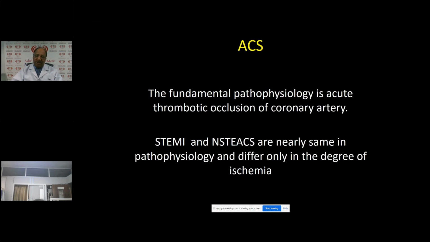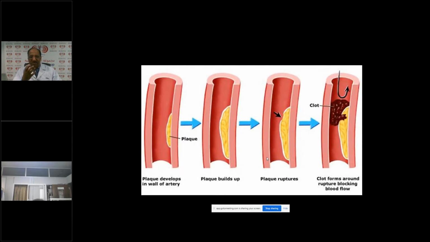Now, the fundamental pathophysiology of all acute coronary syndromes is the same. STEMI and NSTEMI are nearly similar and differ only in degree of disability. Now, it's a familiar diagram which you look at. A plaque develops in the walls of the artery which builds up and ultimately it ruptures.